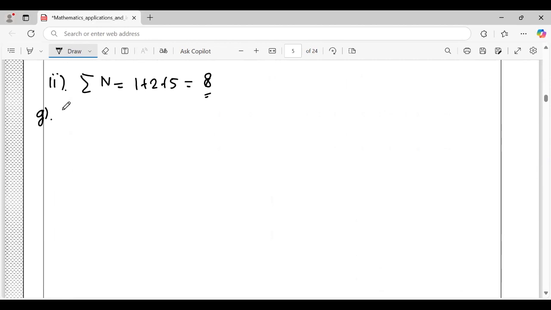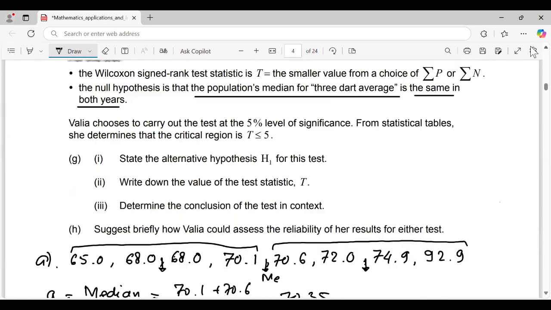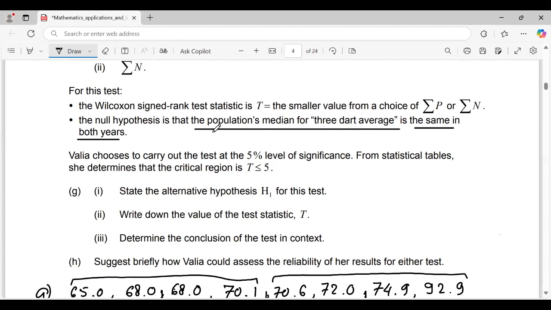The alternative hypothesis is... I'm going to copy this one. The null hypothesis, the population's medians.